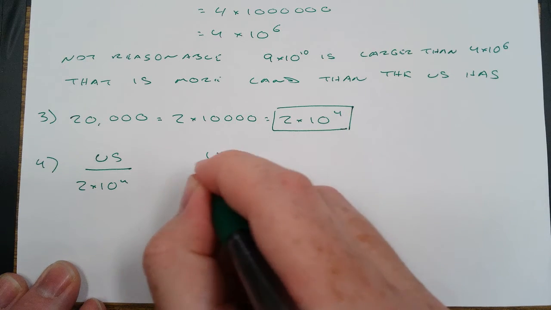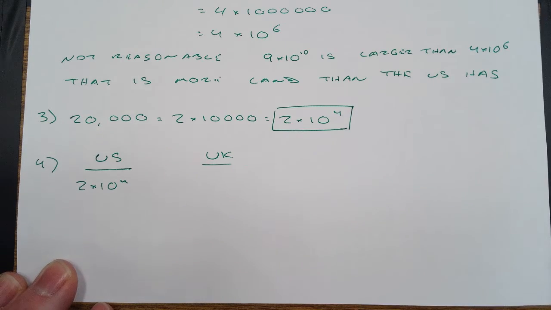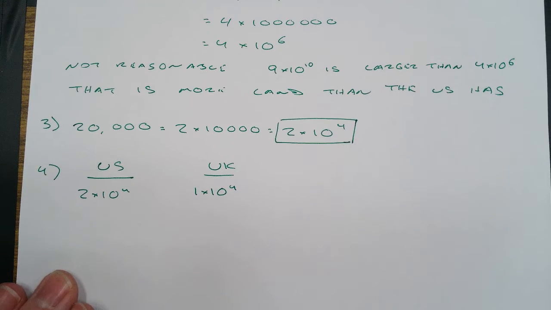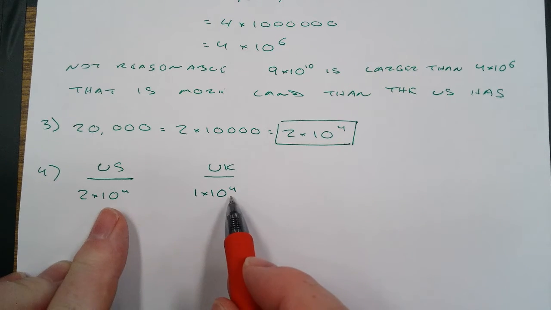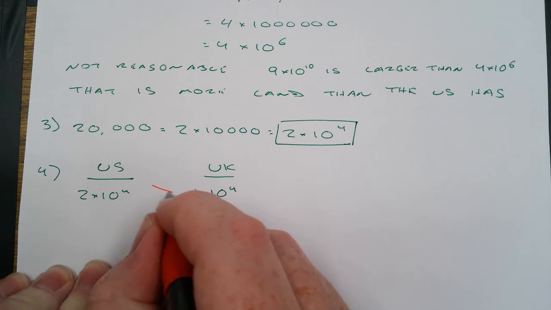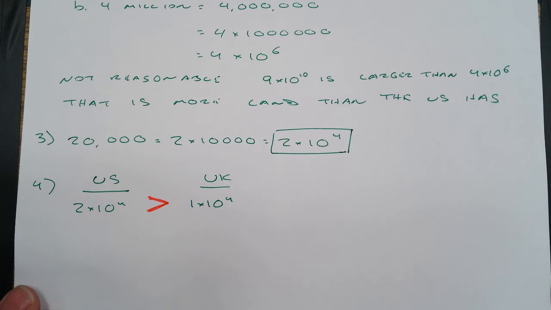The UK, number 4 tells you it's 1 times 10 to the 4th. Which one's greater? Well, both exponents are the same, so we look at the numbers. 2 is bigger than 1, so the United States has more pollution than the United Kingdom. But how much more? How many times more?